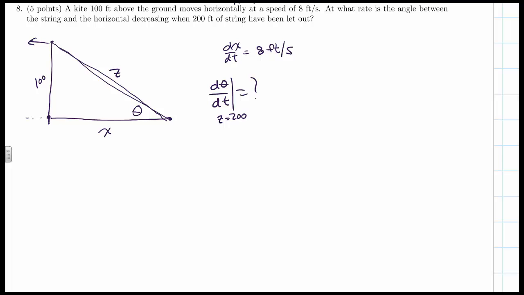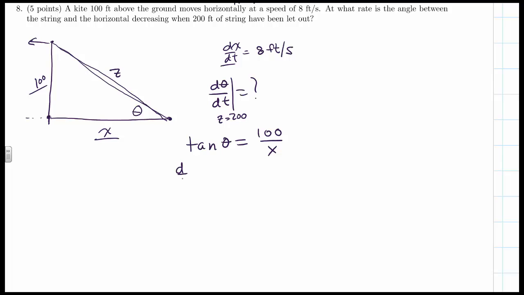Alright, so what do I need? I need a formula that ties together x and theta. Well, here's 100, that looks like a tangent relationship. Tangent of theta is equal to opposite over adjacent.